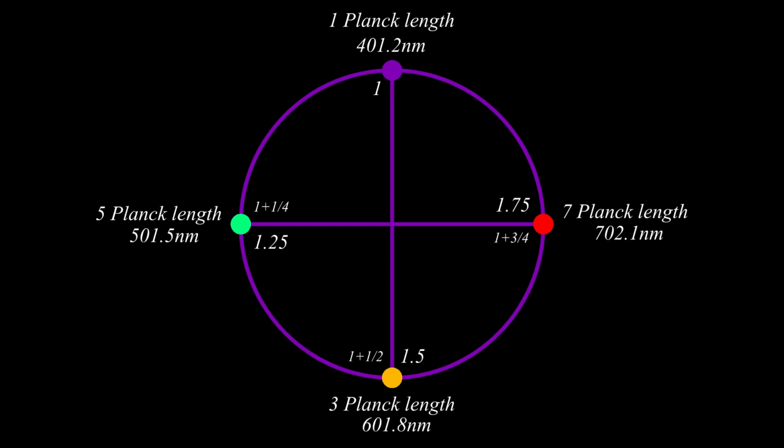These derivatives are the first 3 to show up, not including the Planck length. Gold being the first, ratio of 1.5. Then the aqua color, second, 1.25. And the red color, third, which is 1.75.